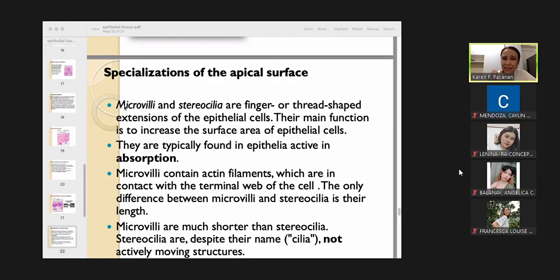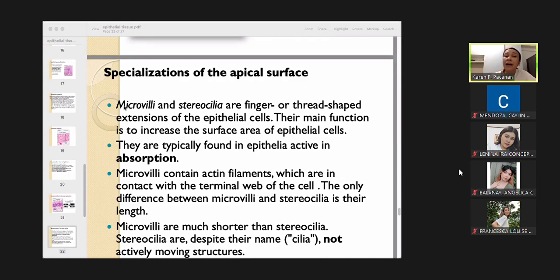But why is it named stereocilia if the classification is microvilli? Because in terms of appearance and length, it is as long as cilia. I said earlier that the typical characteristic of microvilli is that they are fine and shorter compared with cilia. But in the case of stereocilia, they have the same length as cilia.